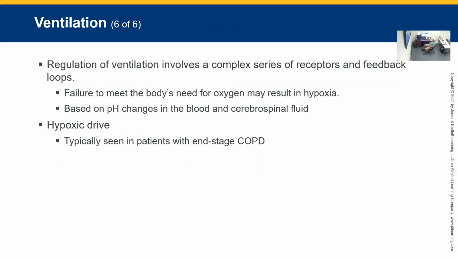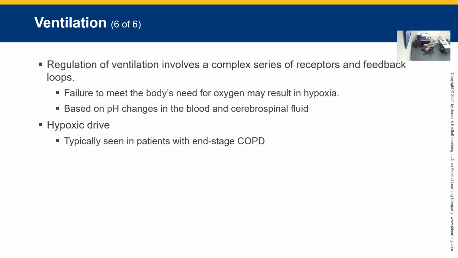As far as regulation of ventilation, I talked about chemoreceptors the other day. The chemoreceptors are in the carotid arteries and in the aorta. They constantly measure the amount of carbon dioxide.